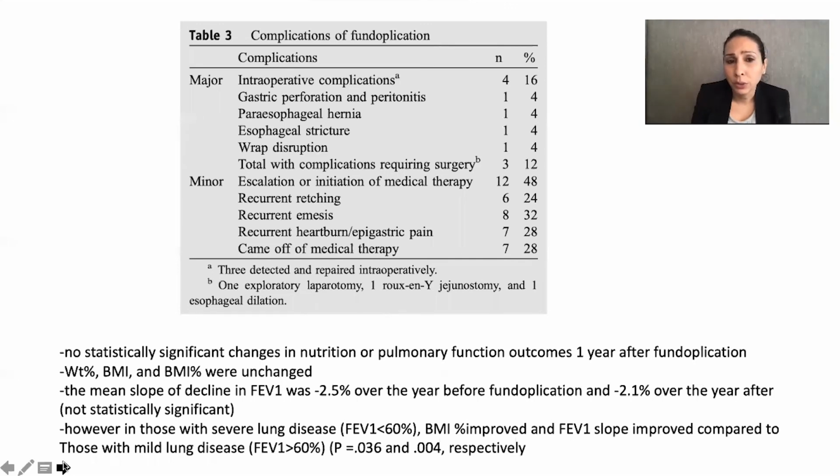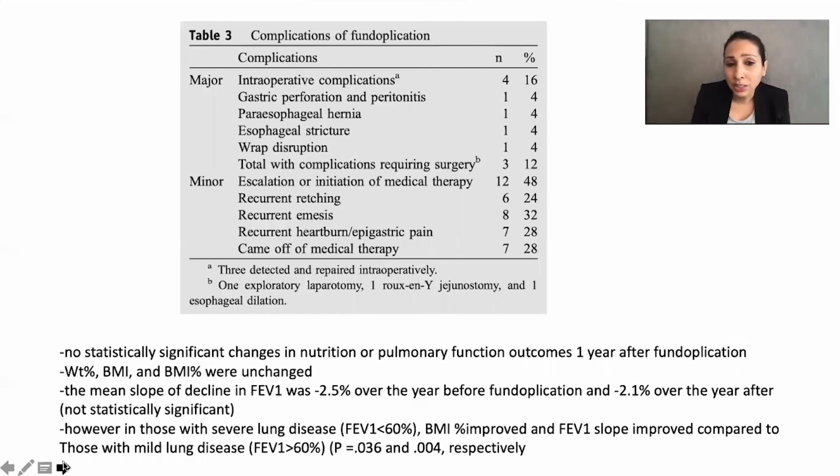Complications of fundoplication that were noted were major complications such as intraoperative complications, perforation and peritonitis, paraesophageal hernia, strictures and wrap disruptions, and then minor complications, escalation or initiation of medical therapy, retching, emesis, heartburn, and epigastric pain.